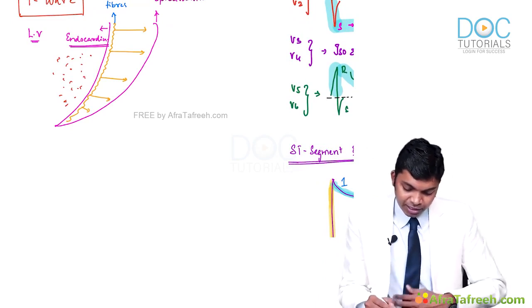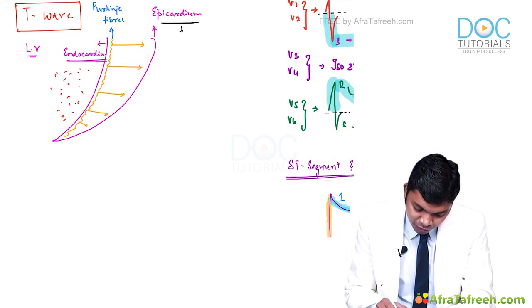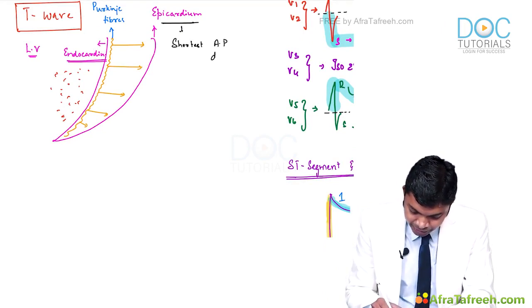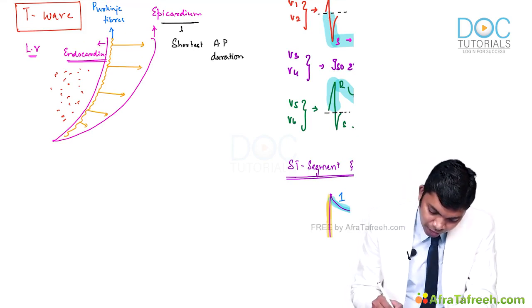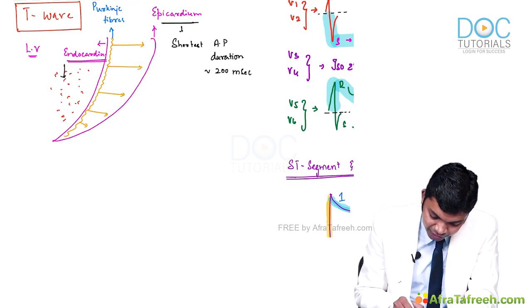Now, if you consider the epicardial cells, they have the shortest action potential duration, about 200 milliseconds. While endocardial cells, the action potential duration of endocardial cells ranges to about 210 to 220 milliseconds.